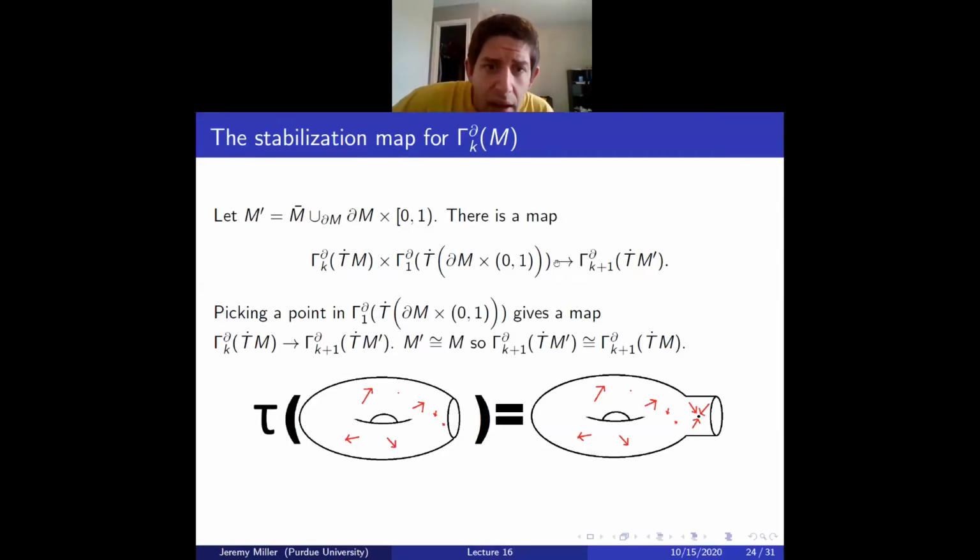So M prime is M with this collar attached, and given a vector field over M and a vector field over the collar, you can just glue them together to get a vector field over the manifold with a collar attached, and degrees add. So if you pick a degree k section over the manifold and a degree 1 section over the collar, you're going to get a degree k plus 1 section.